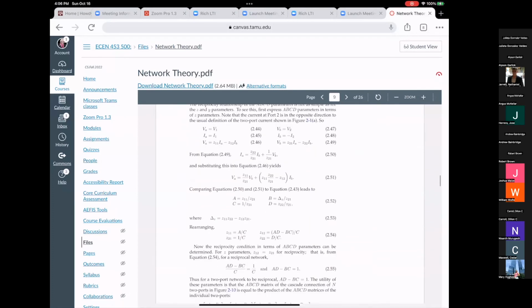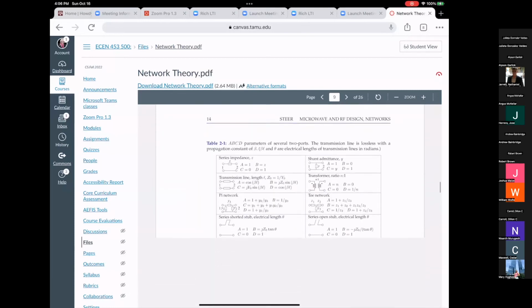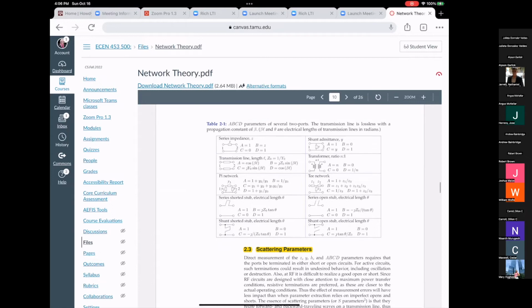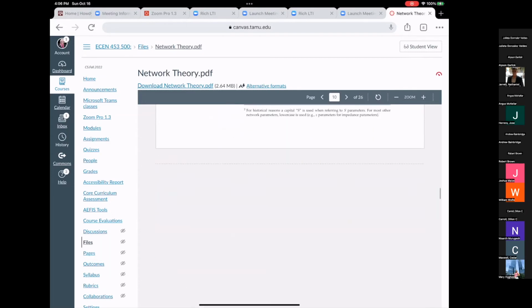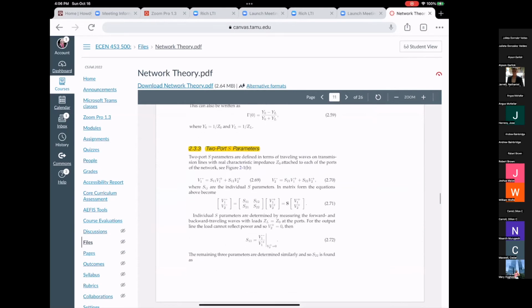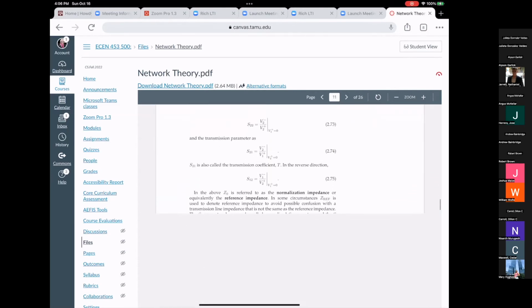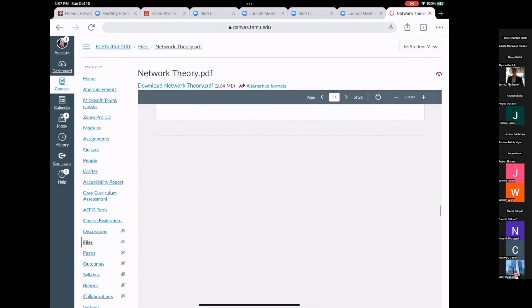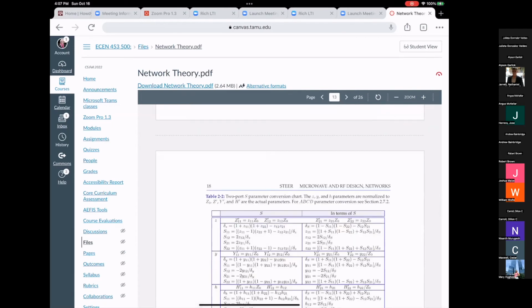Definitely the definitions of the matrices, but this one. This is a very important table, and I want you to know at least where to find it, to have it available. And then from there, you can find expressions also.